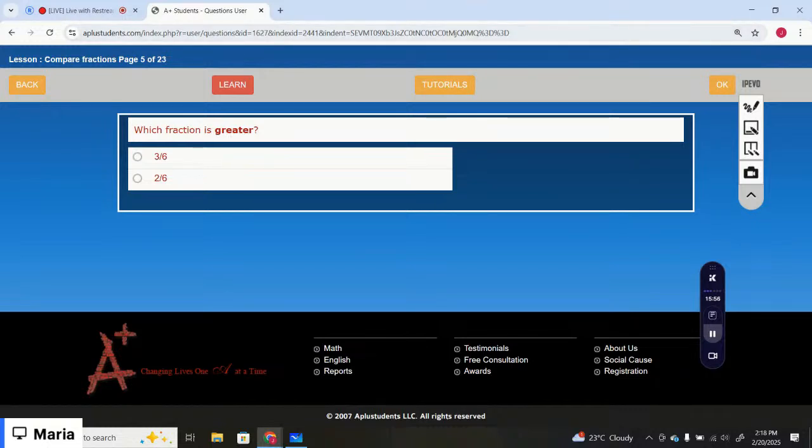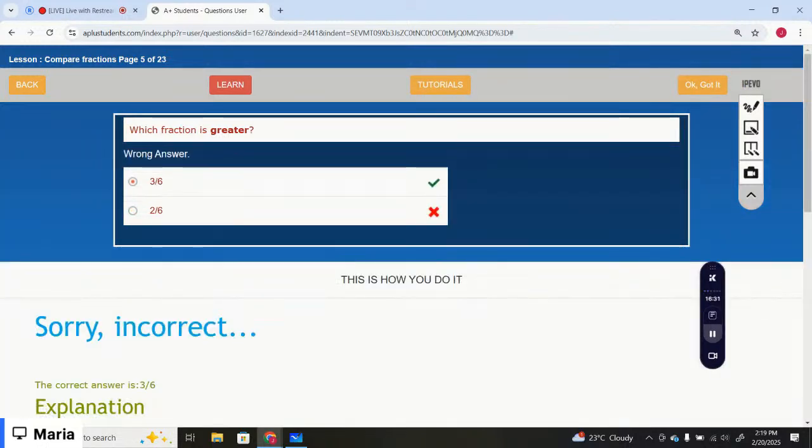Which fraction is greater, 3 by 6, 2 by 6? The greater one is 3 by 6.